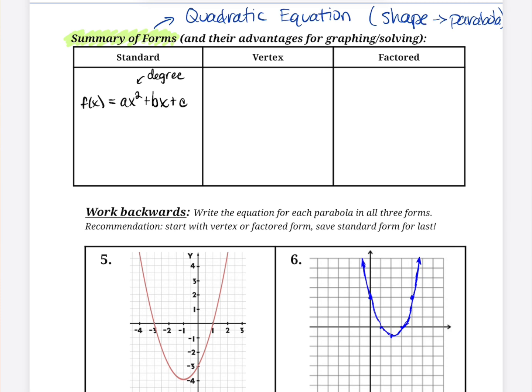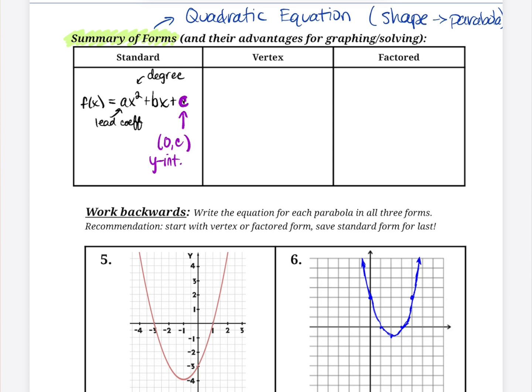Ax squared is that leading term, and a is our leading coefficient. Then bx, c. What's the advantage of this equation? Well, the biggest advantage is the c value. 0 comma c is actually the y-intercept.